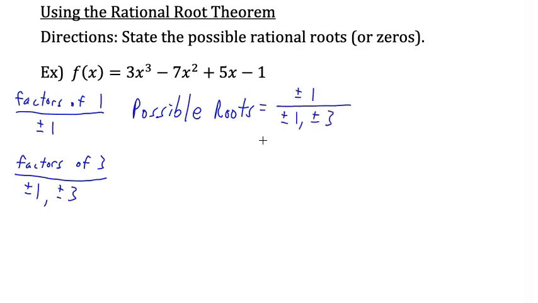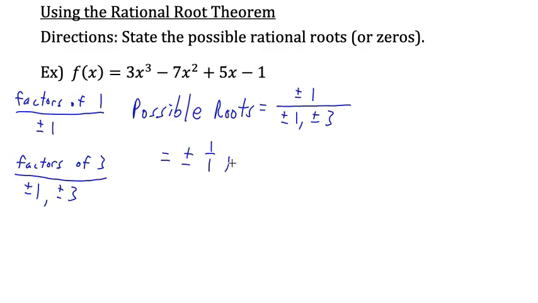And then we'll just keep going from there. Let's keep simplifying this. So we'll go ahead and write positive and -1 over positive and -1. And we can simplify that as positive and -1 over 1.